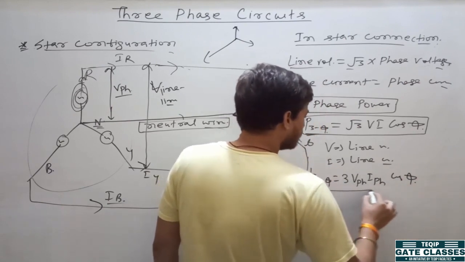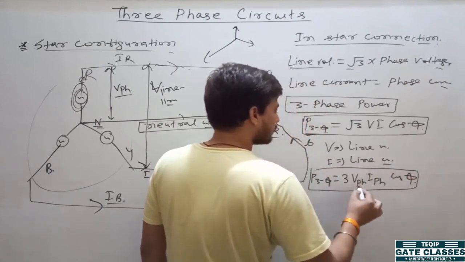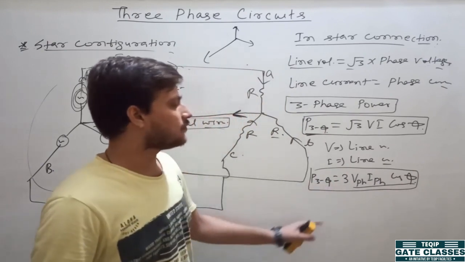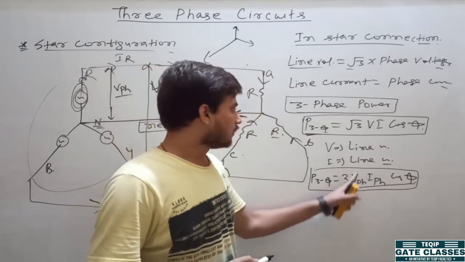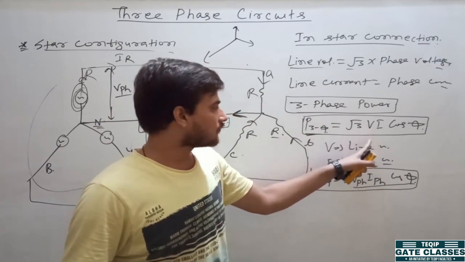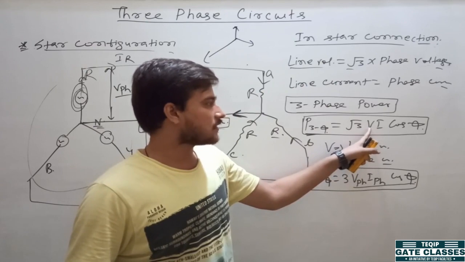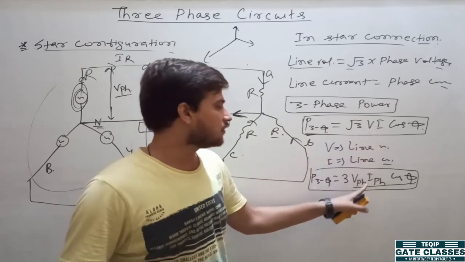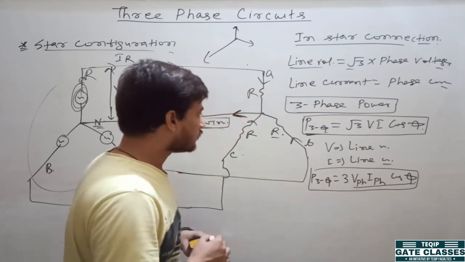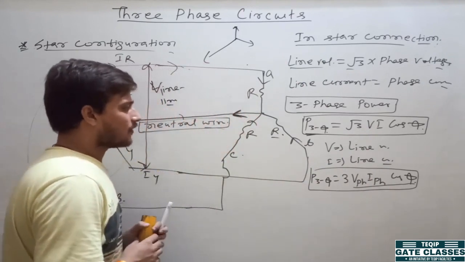That means in a single phase the power is VPH IPH cos phi. For three phase, power is 3 VPH IPH cos phi. Here also, if you convert V into phase voltage, you write root 3 into VPH, so it will come 3 VPH IPH into cos phi. So this is the three phase power.